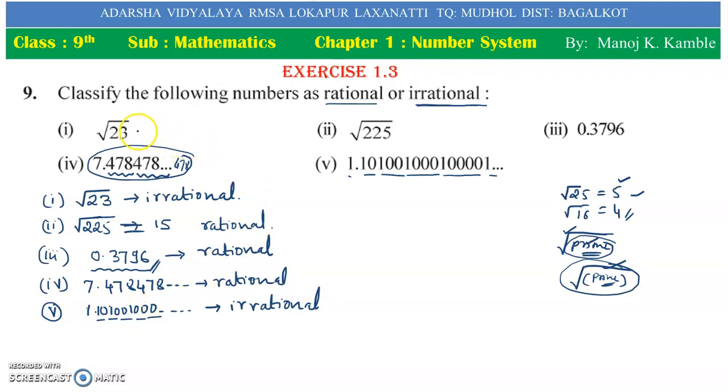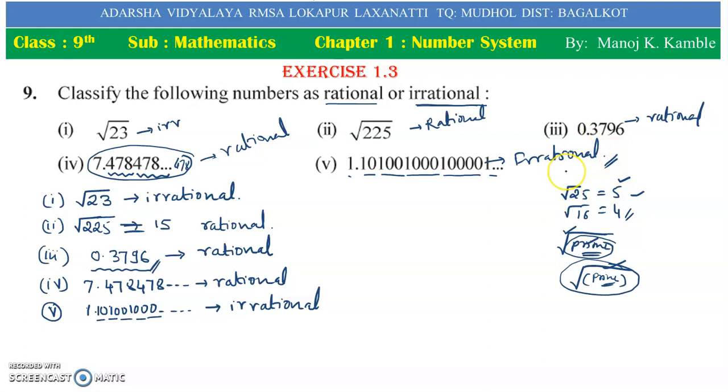So the first one is an irrational number, the second one rational, the third one rational, the fourth is also rational, and the fifth one is irrational. Let me clarify once again why each is rational or irrational. Under the square root, if a prime number is present, it becomes irrational.